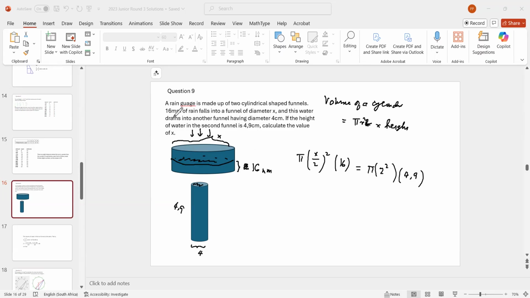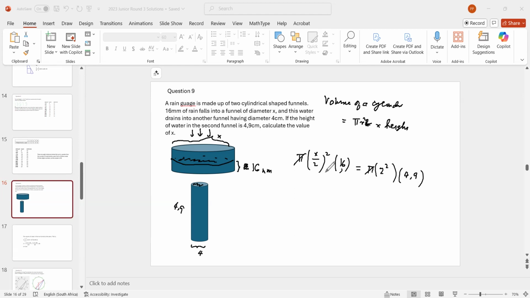Here you had 16 millimeters of rain, and here you've got 4 centimeters. So one has to be a little bit careful, because you must get the same dimension. So we better work in centimeters. So this should be 1.6 centimeters. So everything is now in centimeters. 16 millimeters is the same as dividing by 10, 1.6. So this is your equation. There's one unknown. We can cancel the pi's.